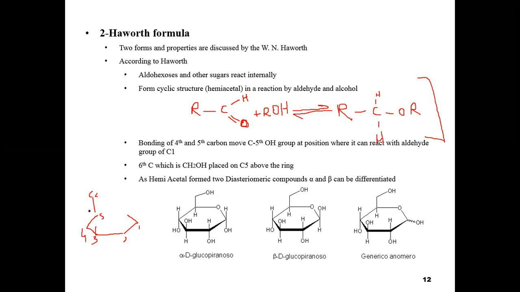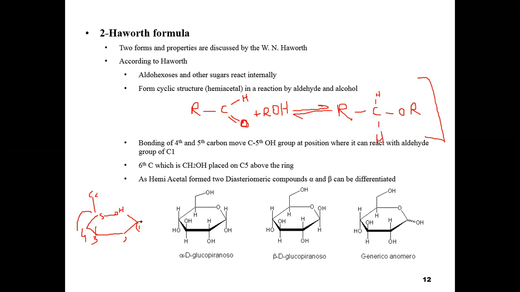of carbon number four and carbon number five moves carbon number five to a place where its hydroxyl group may be near carbon number one. Here is carbon number one.